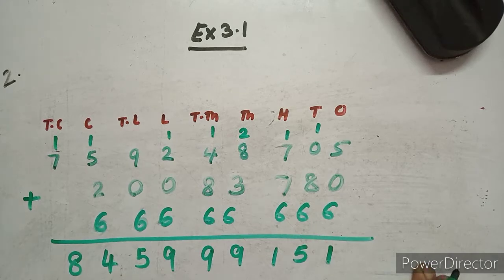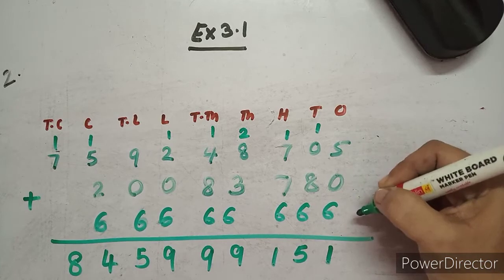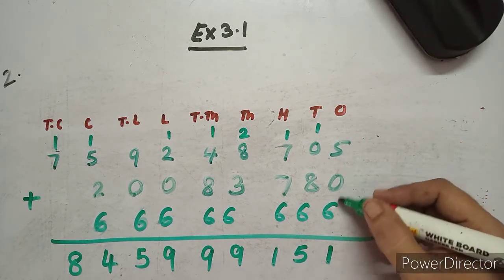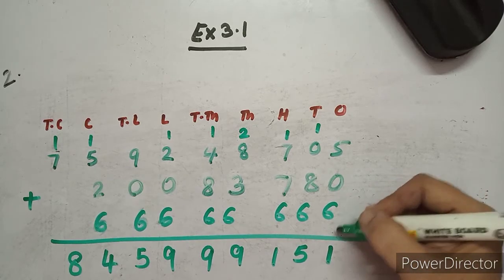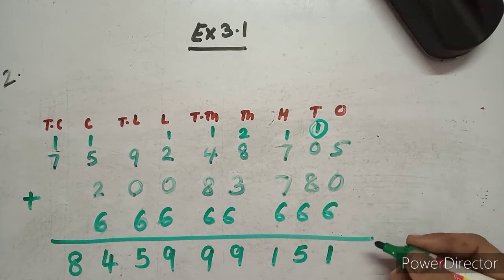Okay, so we will add it. So we will start adding from our ones place. So here you have 5 plus 0 plus 6, so it will give you 11. So 1 down and your carry 1 is up.